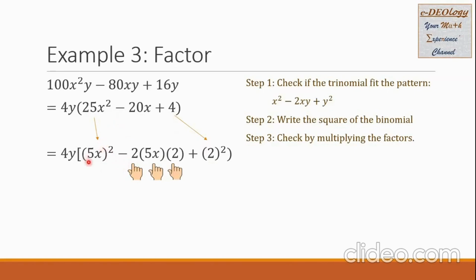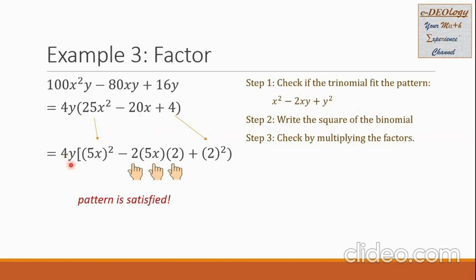Then I will take this 5x right here, take this 2, put it here, and then times 2. If I multiply 2 times 5x times 2, this will be equal to the negative 20x. So it means to say, this is a perfect square trinomial. Of course, I will not forget my 4y to be copied down here.